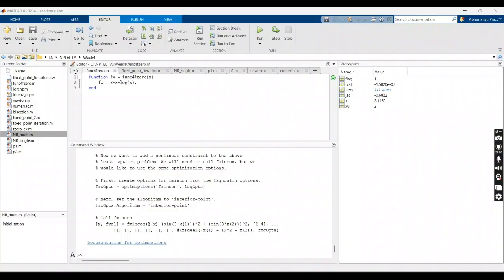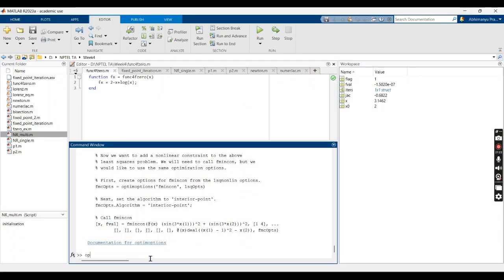The way we do it is we create optimization options, reltol, so I will do 1e minus 10, abstol, 1e minus 10. So this is the relative tolerance between the consecutive iterations, and this is the absolute function tolerance, right?